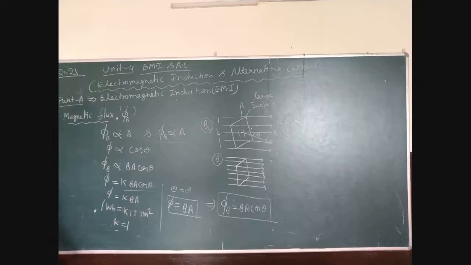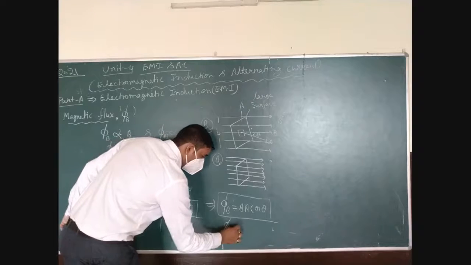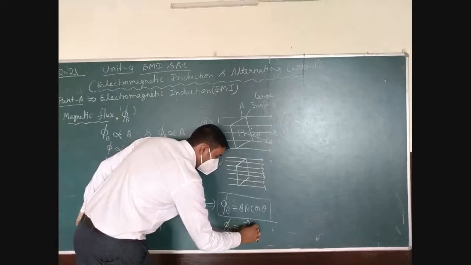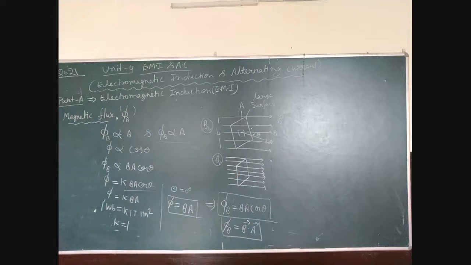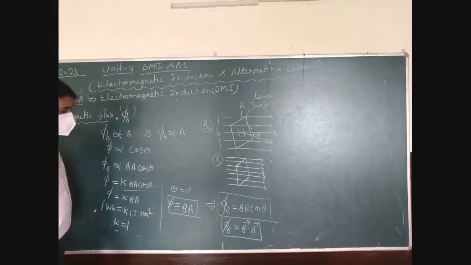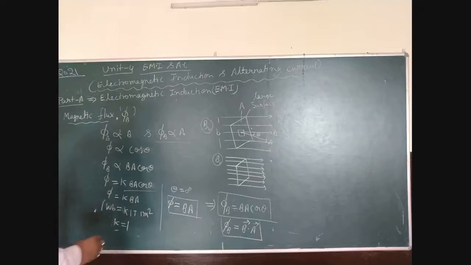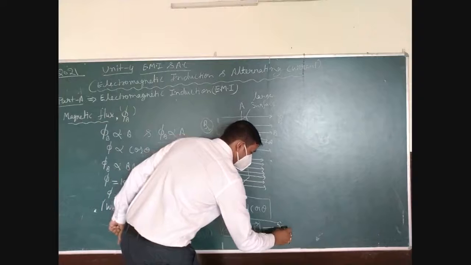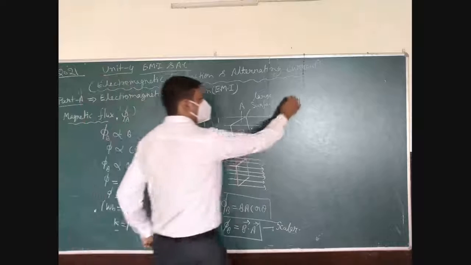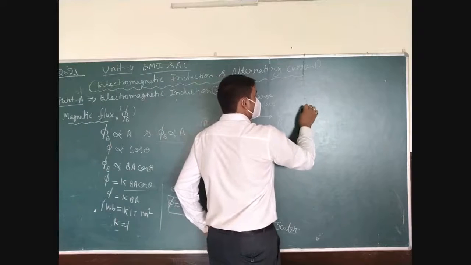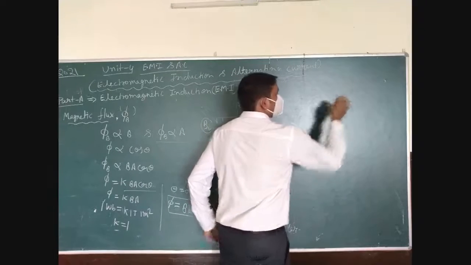Now this can be written in vector form as phi B is equal to B dot vector A. It is a scalar quantity, and its unit is Tesla meter square.